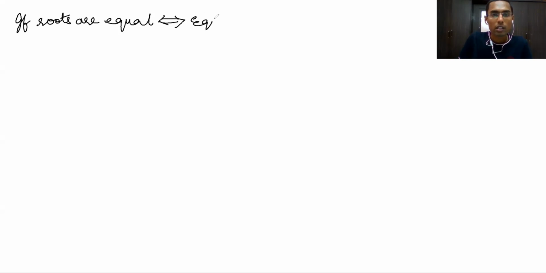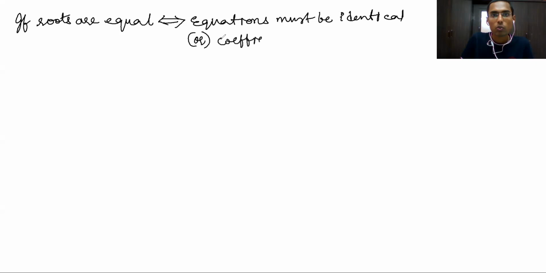So the first result is: if roots are equal, that implies the equations must be identical, or I can say the coefficients are proportionate.